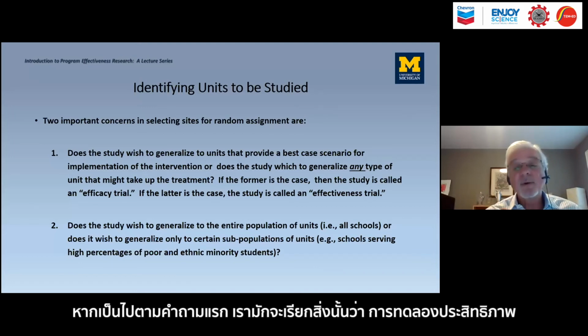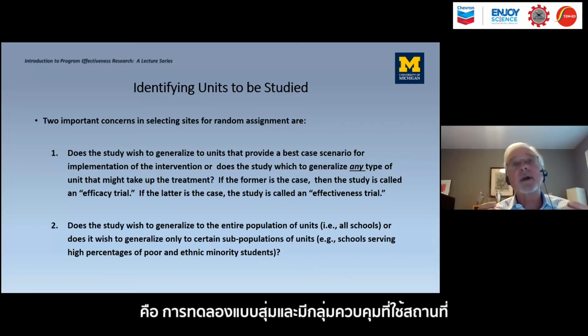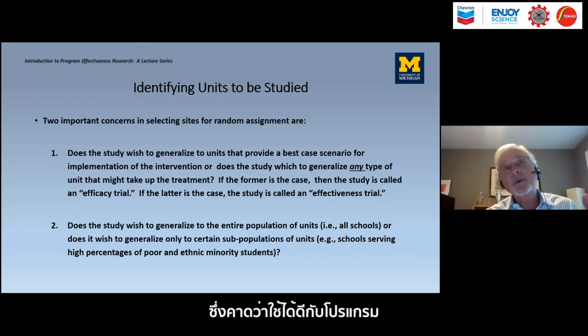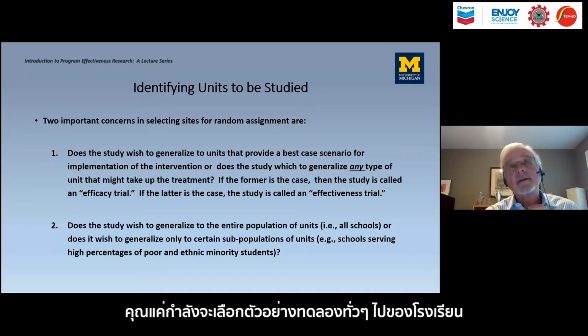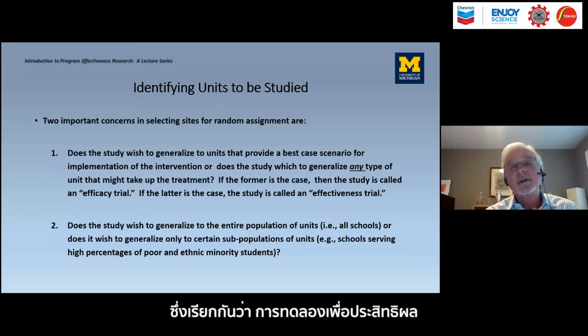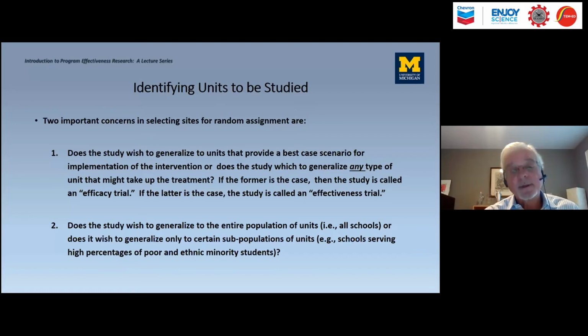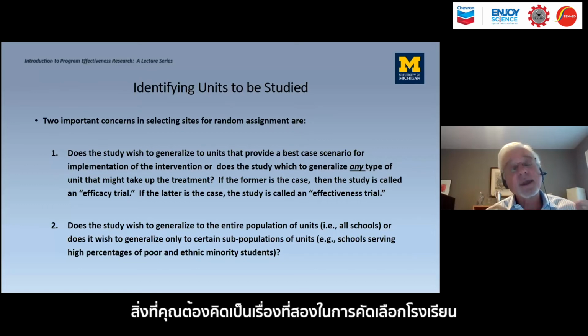If the former is the case, we often call that an efficacy trial. It's a randomized controlled trial using a set of sites which are predisposed to probably do well with the intervention. If the latter is the case, that is, you're just taking a general sample of schools, that's called an effectiveness trial.